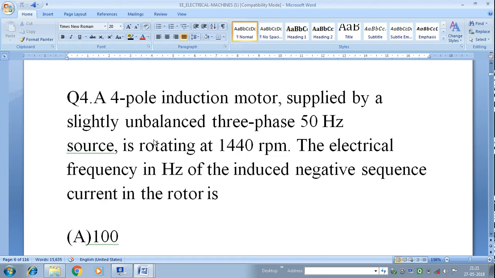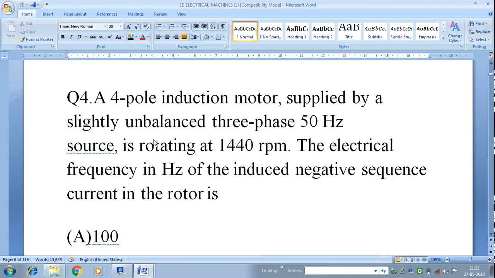So due to unbalanced load, the phase sequence also changes. So the question is asking, if the phase sequence changes, then what happens to the frequency? How does the frequency change?